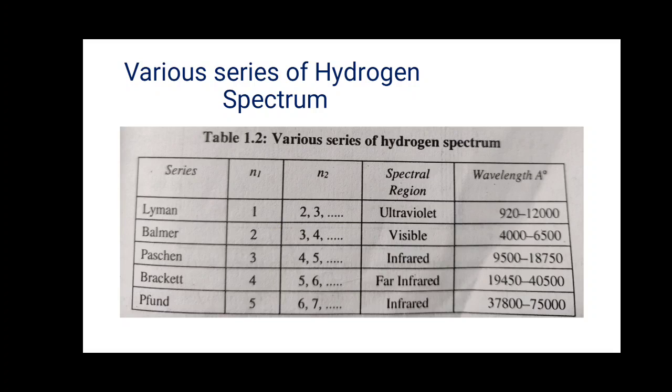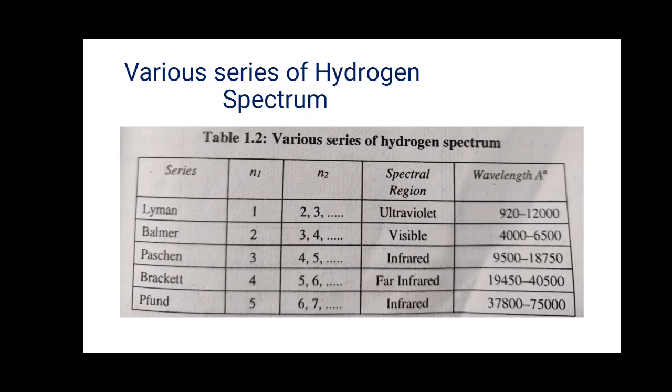Then Paschen series, n1 is equal to 3 and n2 is the higher excited energy level, starting from n2 equal to 4, and it is observed in the infrared region.